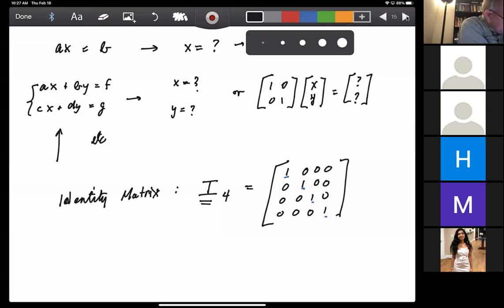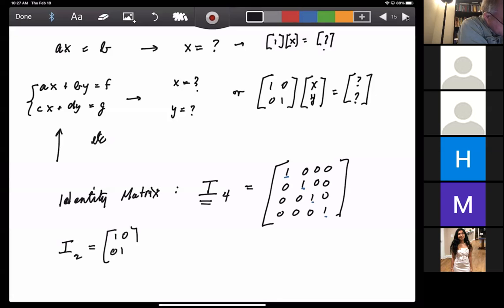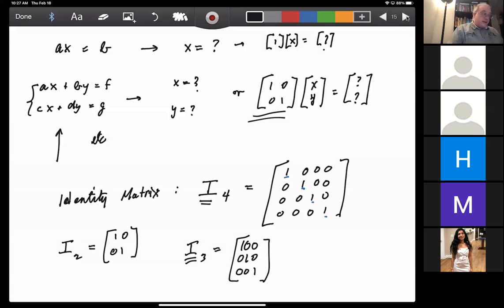So I sub 2 would look like this, and that's exactly what we need over here. I sub 3 looks like this, and so on. And the n by n version of this is I sub n, with n rows and columns. The entries where the row index equals the column index are all 1. Every other entry is 0.